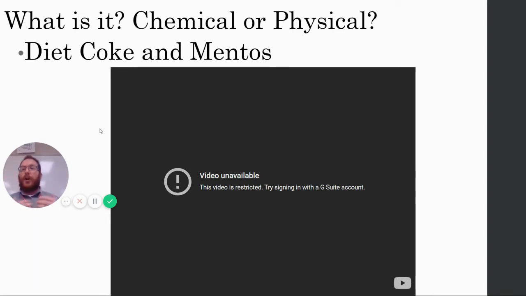So a carbonated drink is carbon dioxide gas dissolved into the liquid. And what did I say? Dissolving is always a physical change. So in this case, the Mentos is allowing more carbon dioxide to come out of the solution quickly, which causes the really big fountain. So Diet Coke and Mentos is a physical change.